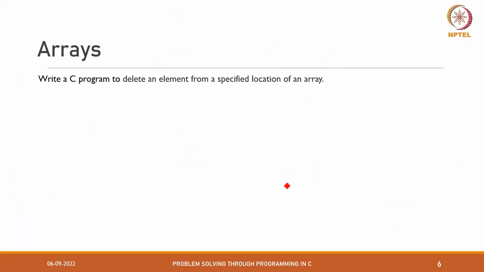Okay, so now I have a program for you. Write a C program to delete an element from a specified location in the array. Let's say I have an array of 5 elements, say the values are 10, 20, 30, 40 and 50.